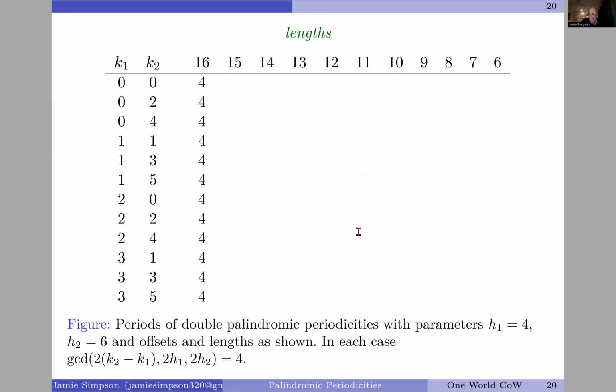Okay, this is now an example. In this example, I've got the two half periods as 6 and 4, I think.